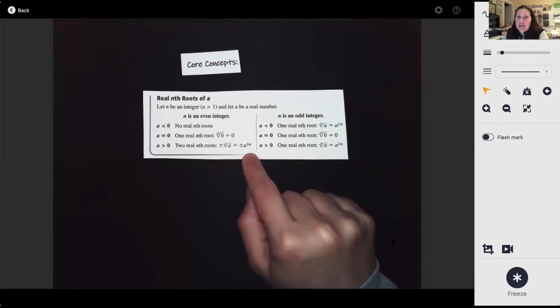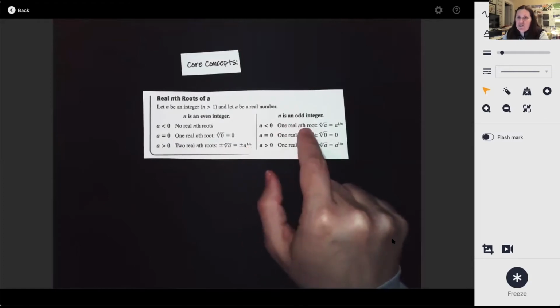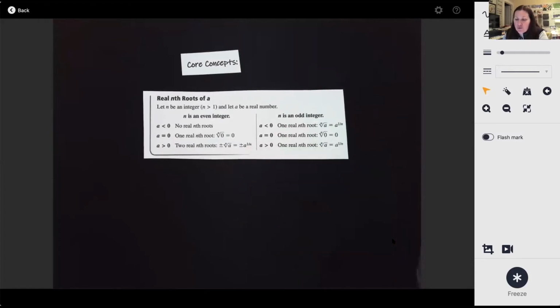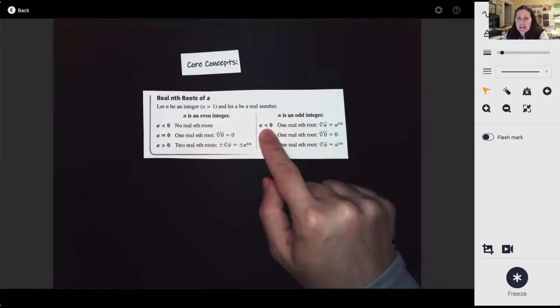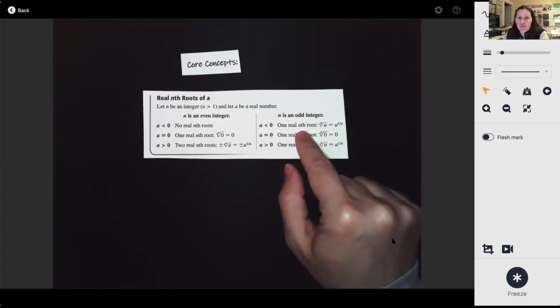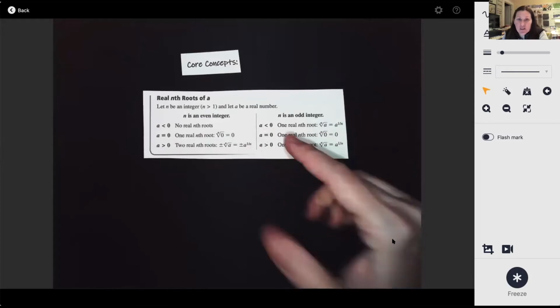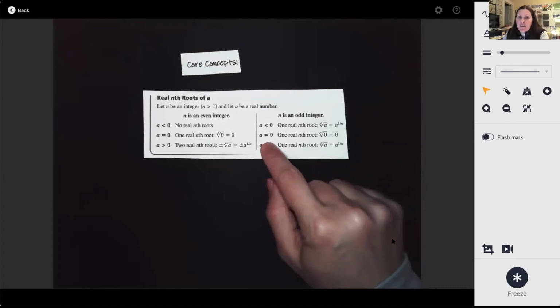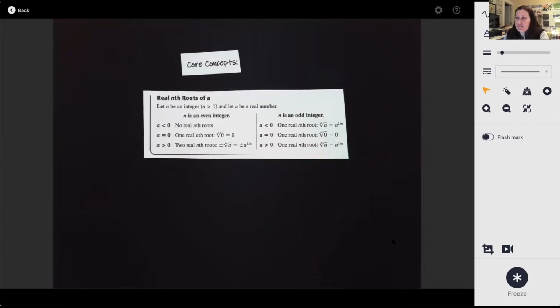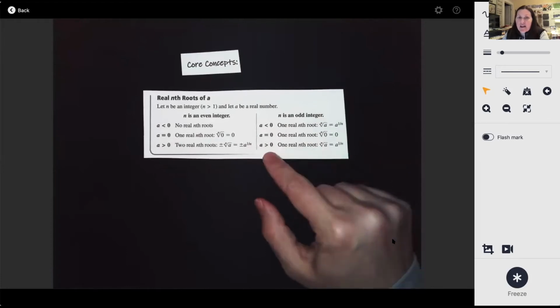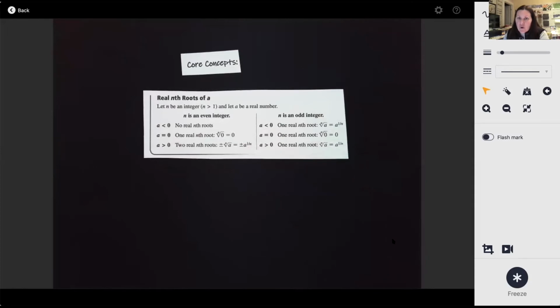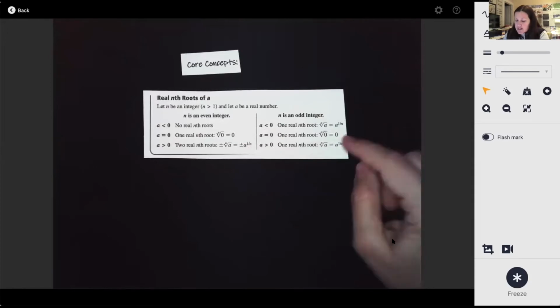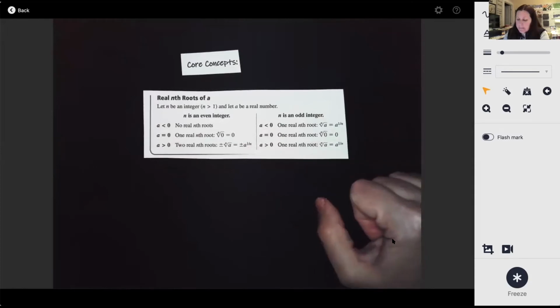Now, if n is an odd integer, so you're taking an odd root, like a cube root or a fifth root or whatever, and a is negative, you're going to have one real root, and it's going to be a negative number. I already talked about if it's 0, the nth root of 0 is always 0. If it's greater than 0, so it's a positive number, you're still only going to have one real root, and it is going to be a positive root.